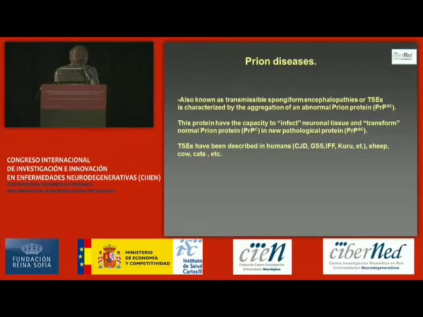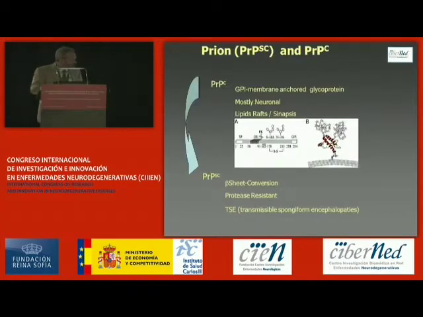The accumulated protein is the PrP protein, whose cellular form is the normal component. The pathology appears not only in humans, like Creutzfeldt-Jakob, but even in sheep, cows, cats, and many other mammals. The prion protein is a GPI membrane-anchored protein that is mostly neuronal, with no clear function so far.